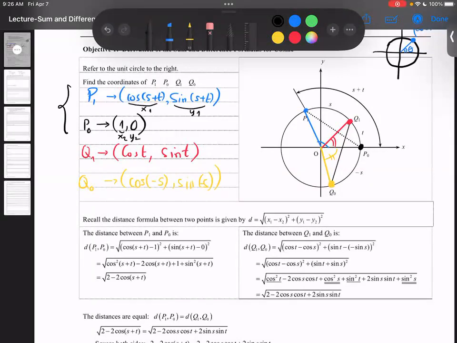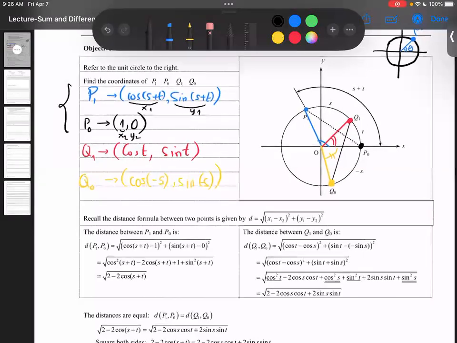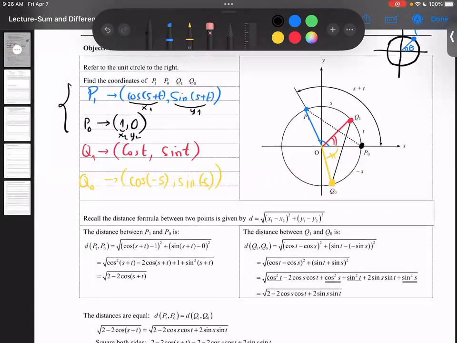So, square root of X1 minus X2, squared. So cosine of S plus T, that's my X1, minus X2 will be 1, right? X2 is 1. Square, plus Y1, which is sine of S plus T, minus Y2, which is 0.